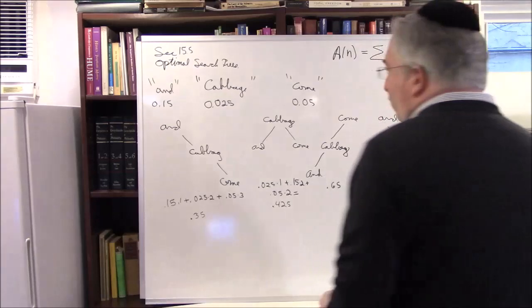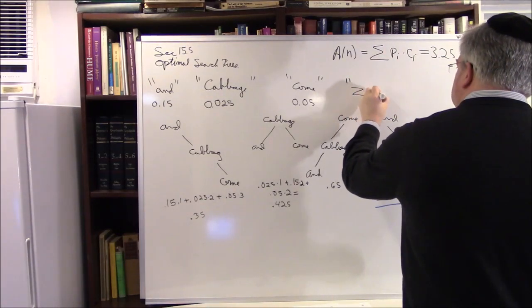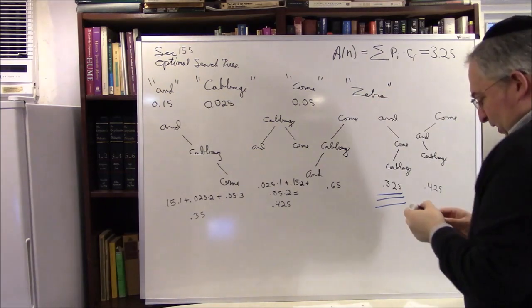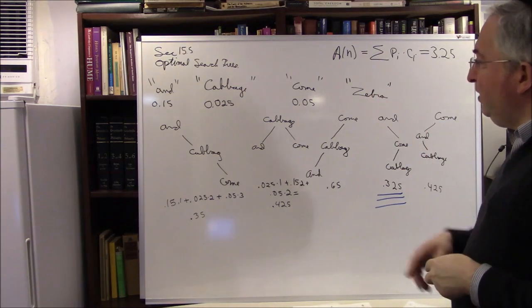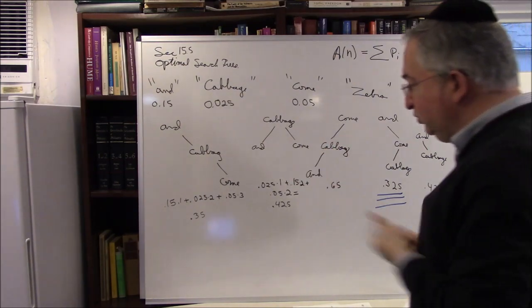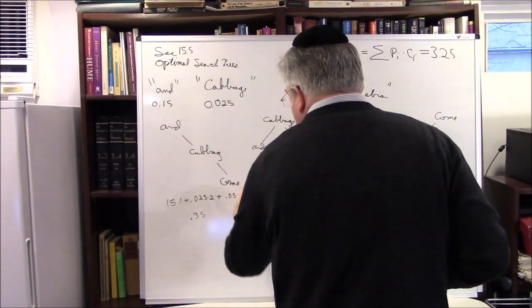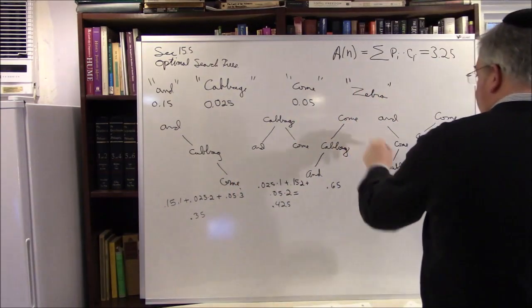Question. What about 4 words? Let's say I had the word zebra in here. Okay? Well, it might be an idea to sit down and calculate exactly how many trees you can get with 4 words. Let's just do some of them. Zebra can only come over here. Zebra can only come over there. Zebra can come over there.